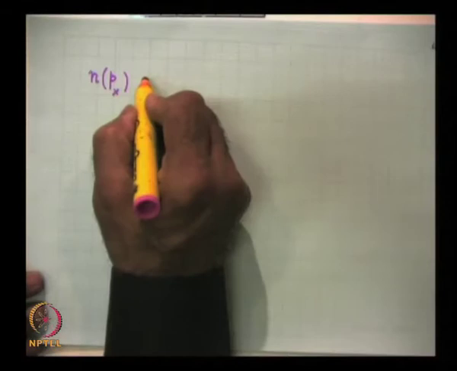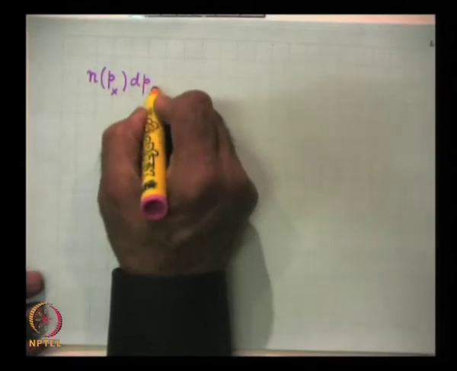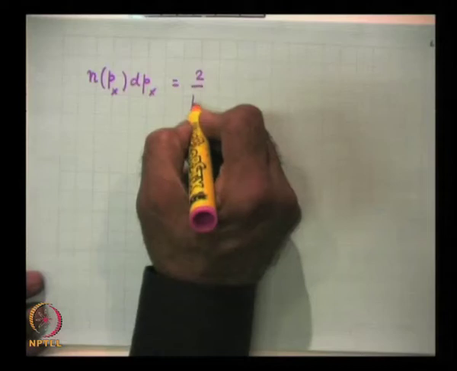Now, n of p x, the number of electrons per unit volume whose x component of the momentum lies between p x and p x plus d p x, is equal to 2 by h cubed.